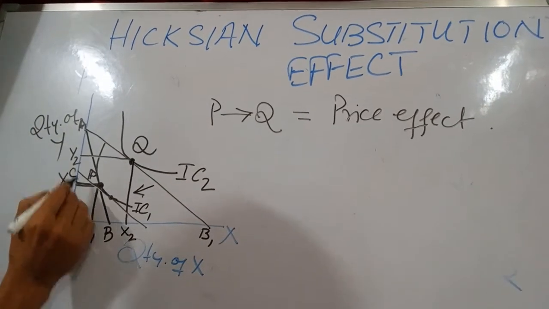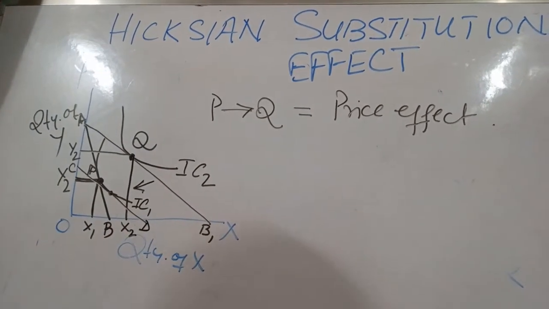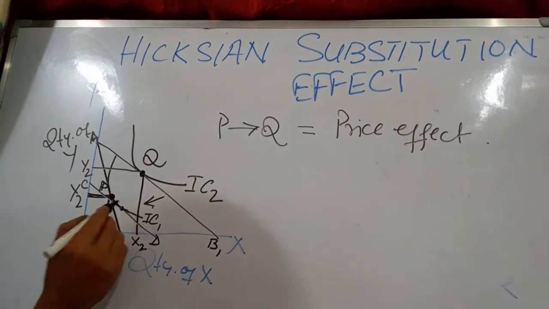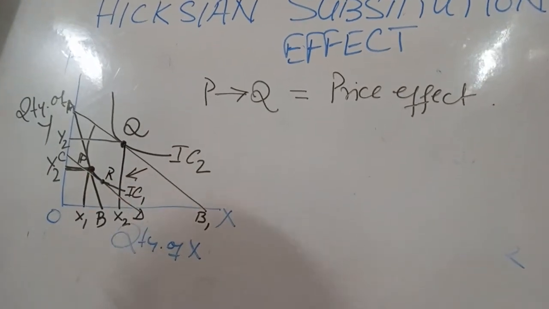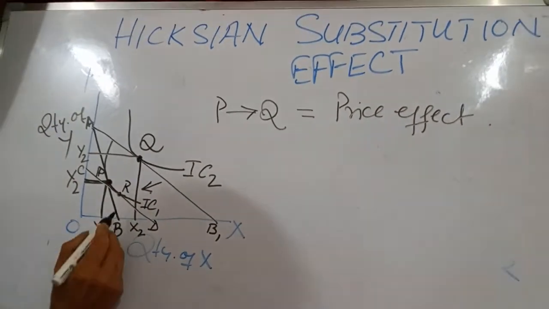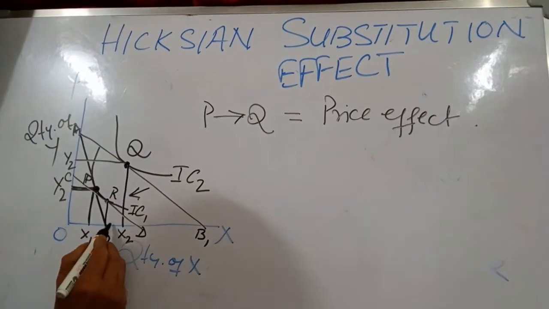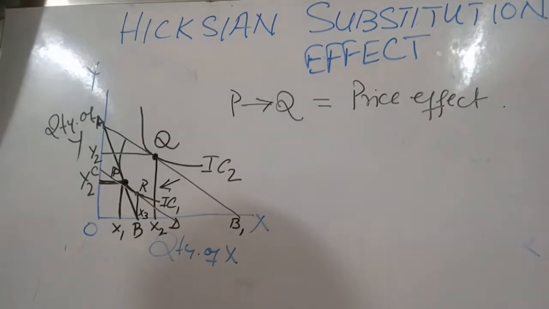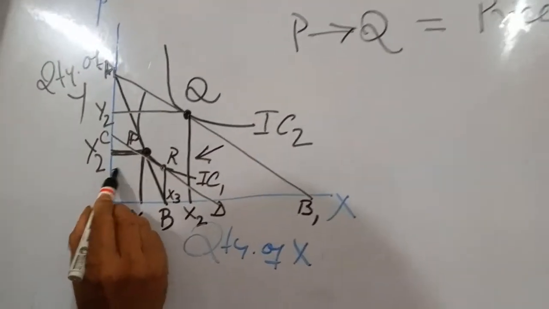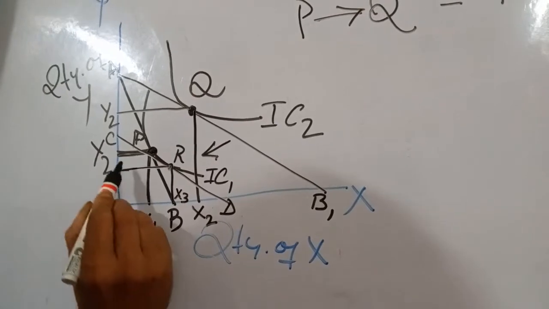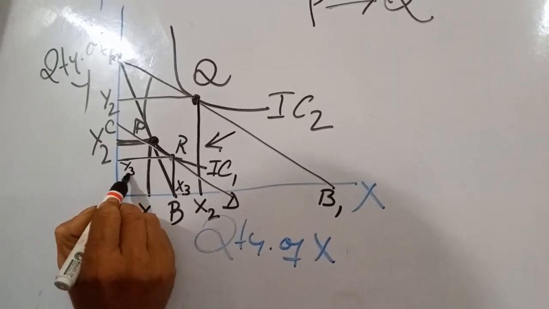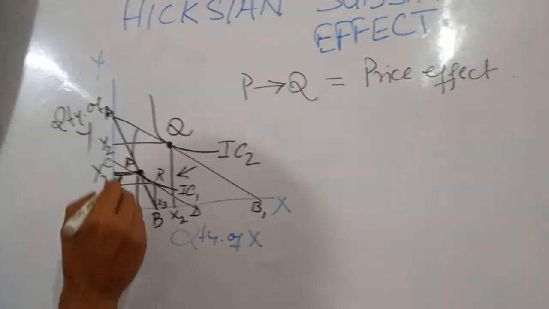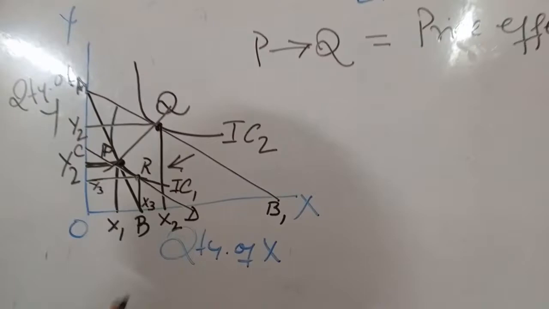Say this is CD, which is tangent to the original initial indifference curve IC1, say at point R. So he is consuming, say, X3 units of X and Y3 units of Y. Correct? So this movement from P to Q is price effect.